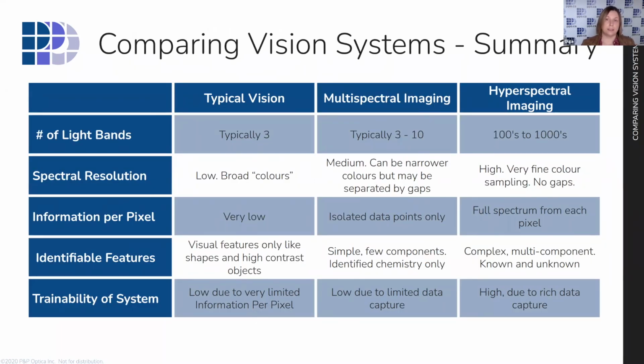So comparing these methods, a typical vision system really provides a quick methodology of looking at contrast and brightness. Multispectral imaging is a little bit more flexible, which allows us to see basic chemical information. And hyperspectral imaging really provides so much information that not only can we determine things that we've seen before, but over time this system can learn new chemical signatures and start looking at food in novel ways after it's been installed.